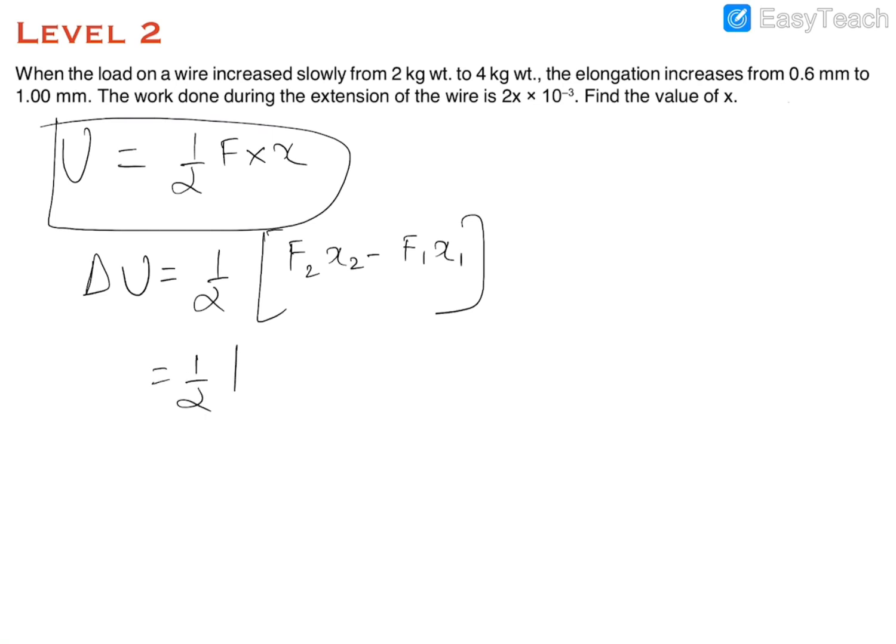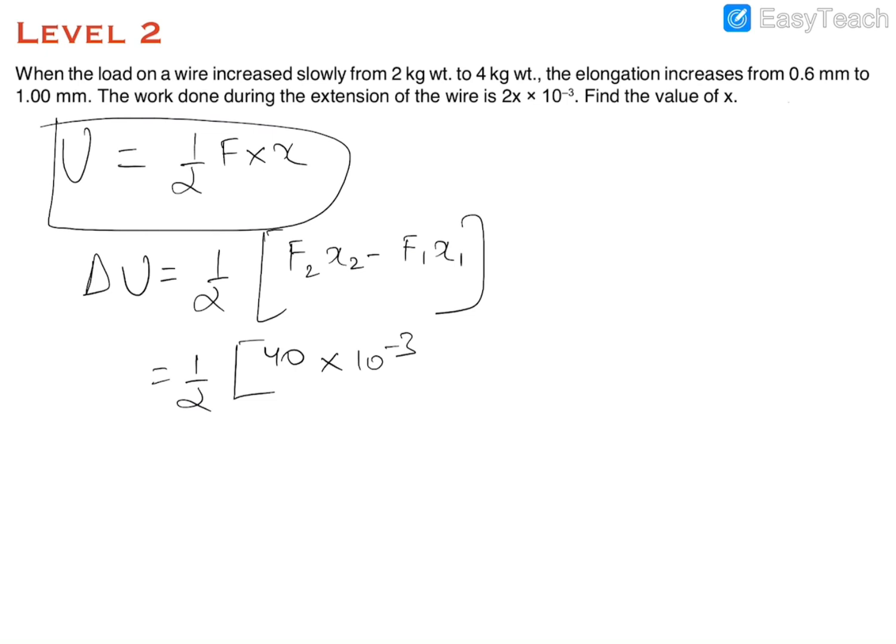So half. Now the final weight was 4 kg and this is 4 kg into 10, which is the acceleration due to gravity, which is 40. So it would be 40 into 10 raised to power minus 3, which is the final extension.